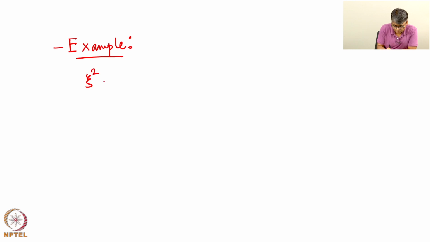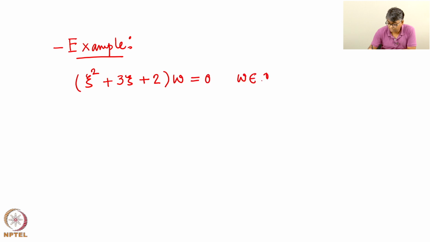Suppose we have xi squared plus 3 xi plus 2, acting on w equal to 0. w is now just a single C infinity function. It is a single standalone differential equation, and you know how to solve this.